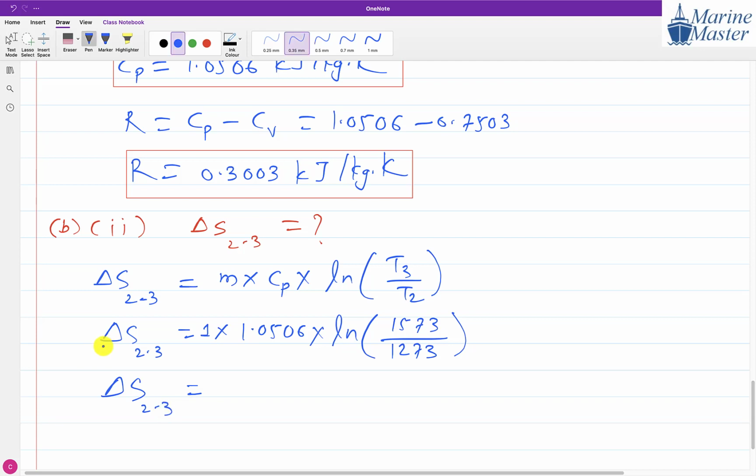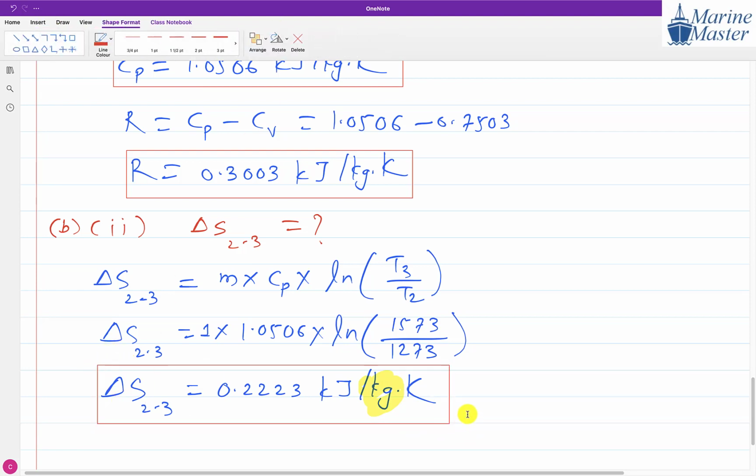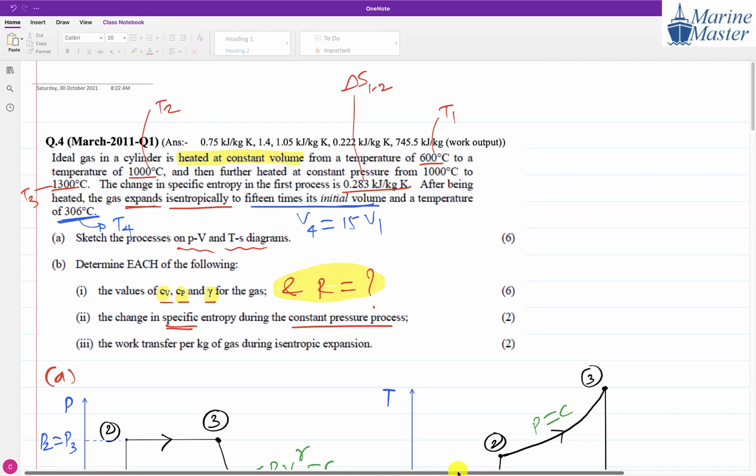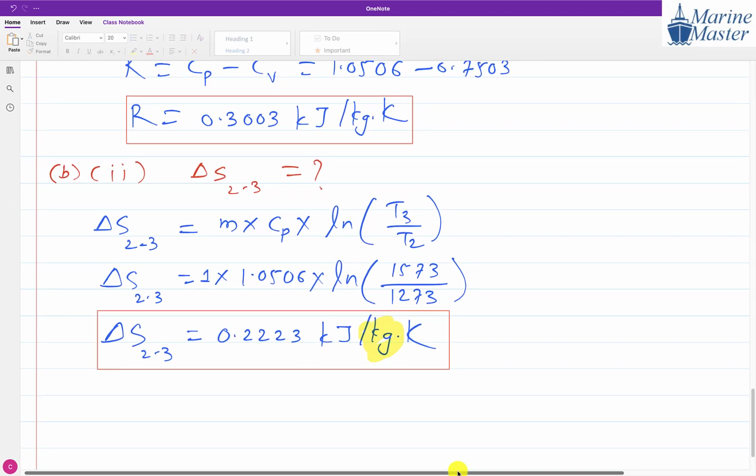How much value will we get? 0.2223 kilojoule per kg Kelvin, because it is specific, that's why per kg, otherwise only kilojoule per Kelvin. So we got the correct answer. Before going further, please write down this discussion.